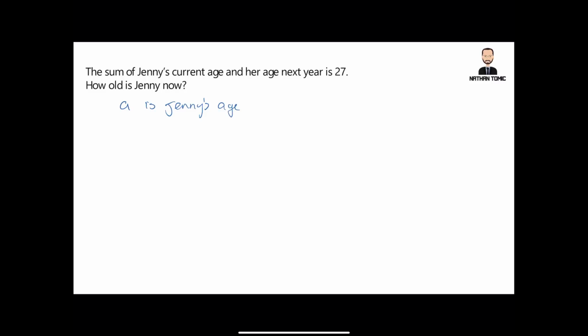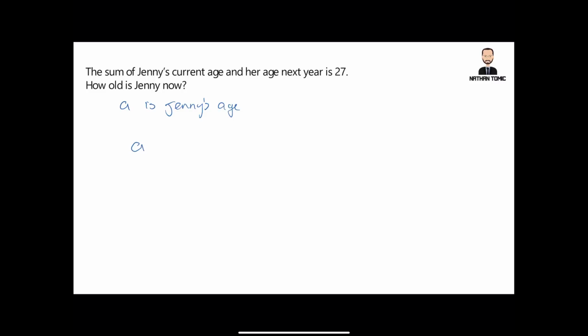It's always a good idea to note down what your variables or your pronumerals represent. So if A is going to represent her age, at the moment Jenny is A years old. Her current age right now is A. Next year you're 1 year older, so you're going to be A plus 1. So what it is now plus 1 more.